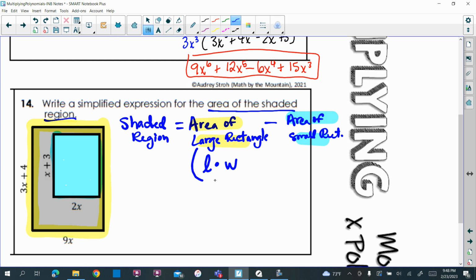So we need to find that area, and we're going to subtract it from the area of the small rectangle, which is also a rectangle, so it's length times width. So we're going to have to end up substituting the parts in first, and then distributing and combining like terms. So like I said, we'll finish this together in class.